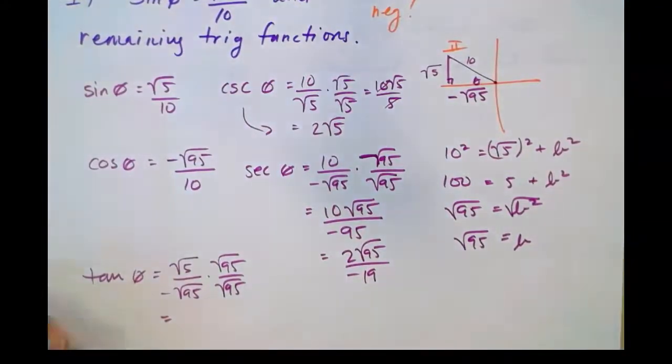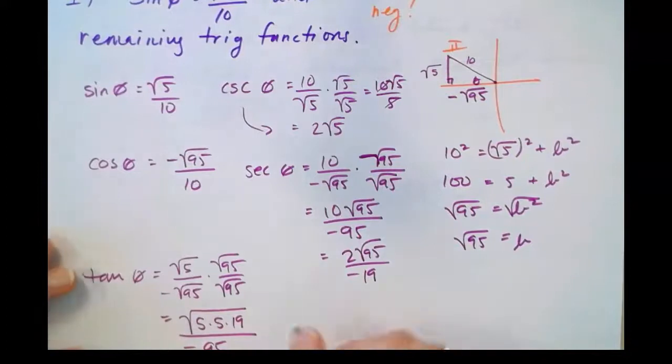Think about this as instead of 5 times 95, because that's an irrelevant number, this is 5 times 5 times 19 all over that negative 95. So the 5 is coming out, the 19 is staying under.